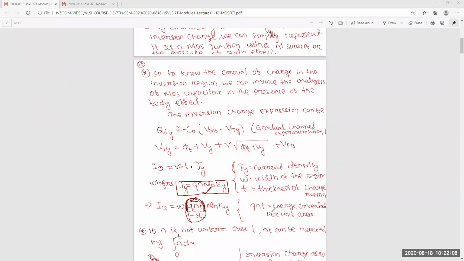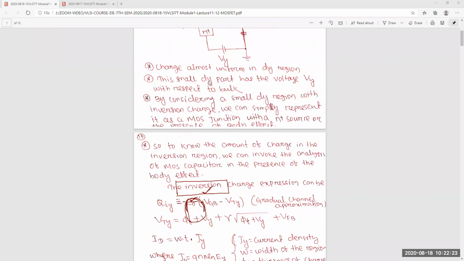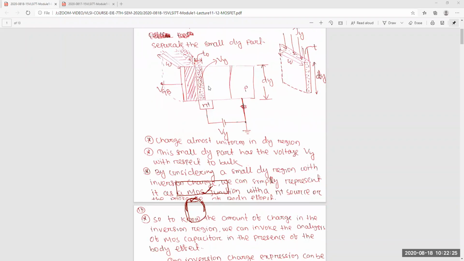So finally QNT is a charge concentration per unit area. Here also we are assuming the charge is uniform throughout this area.